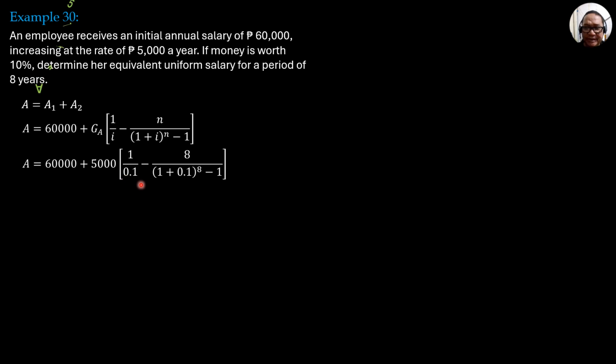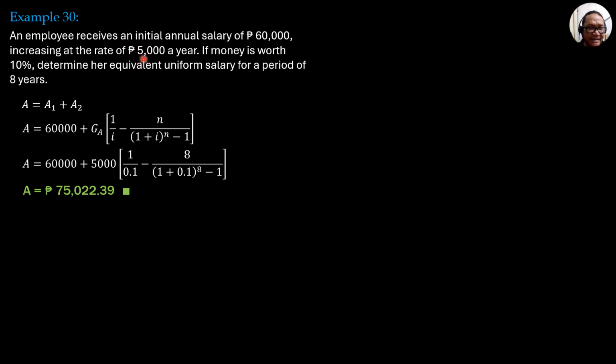So using your calculator, the value of the uniform annual salary for 8 years is 75,022.39. The other technique, if you cannot memorize this formula, is to compute the present worth, because we know the cash flow diagram begins at the end of first year with 60,000, second year 65,000, third year 70,000, fourth year 75,000, fifth year 80,000, and so on.